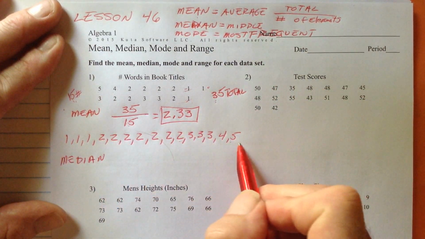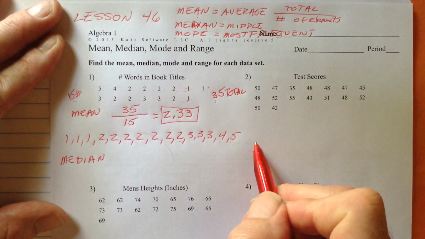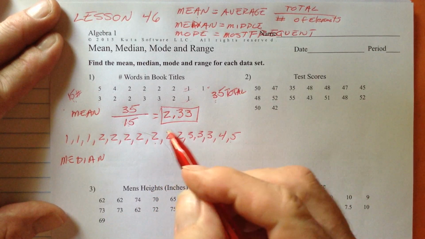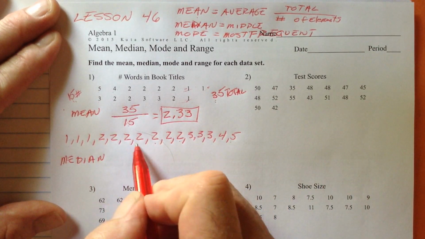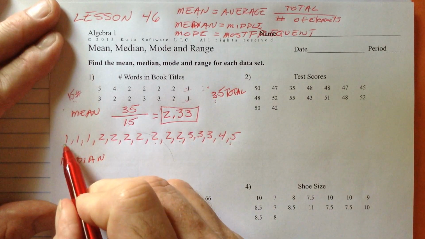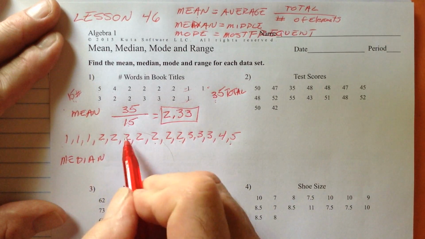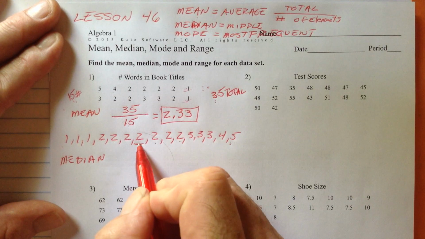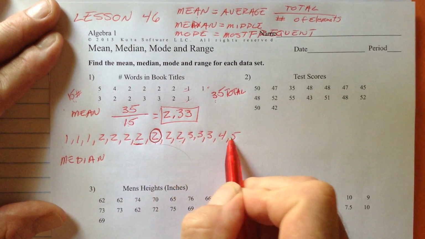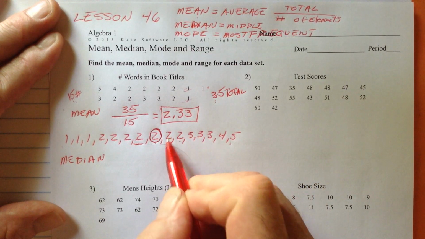Okay, so this is all the 15 numbers in order. And the middle is going to be the 8th number. Because with 15 of them, I'm going to have 7 on one side and 7 on the other side. So if I count 1, 2, 3, 4, 5, 6, 7, and this is the 8th one. And then I got 1, 2, 3, 4, 5, 6, 7.